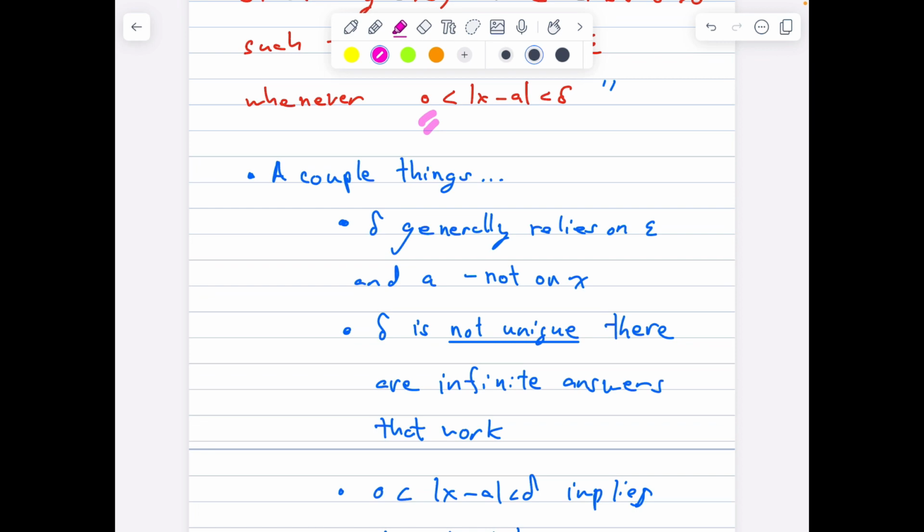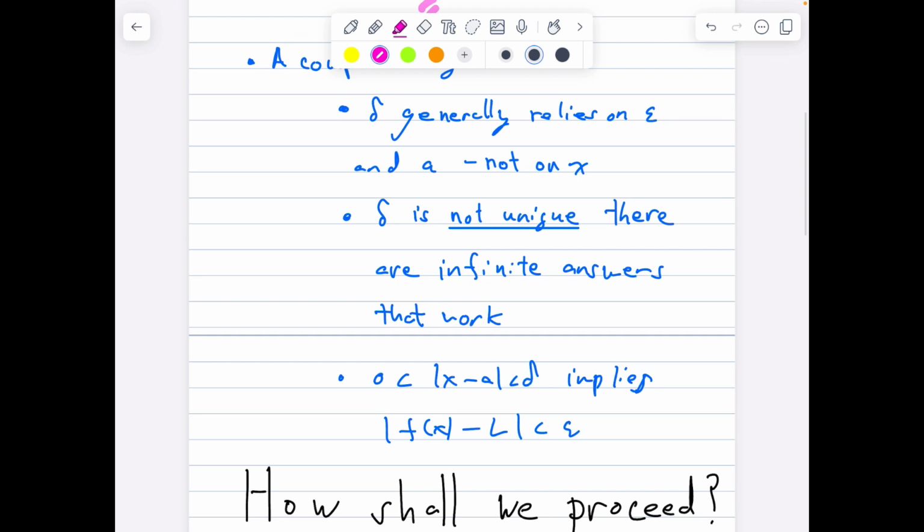That's not going to happen here, but as a reminder, delta relies on epsilon, not x. We'll get more into that in another video, but keep that in mind always. Also, your delta is not unique. There are infinite answers that work. Once you find a delta, any delta that's smaller than the one you found will work as well.